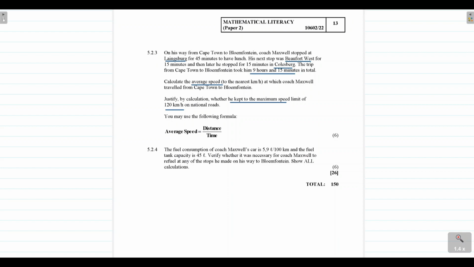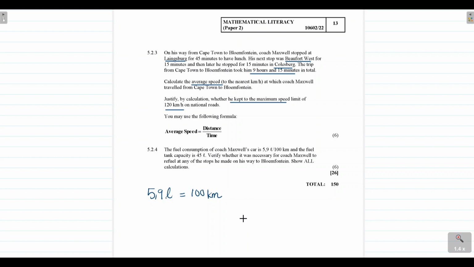So his car consumes 5.9 liters per 100 kilometers. You can also write this as 5.9 liters is equal to 100 kilometers. And the fuel tank capacity is 45 liters. Verify whether it is necessary for Coach Maxwell to refuel at any of the stops he made on his way to Bloemfontein, and you need to show all calculations.